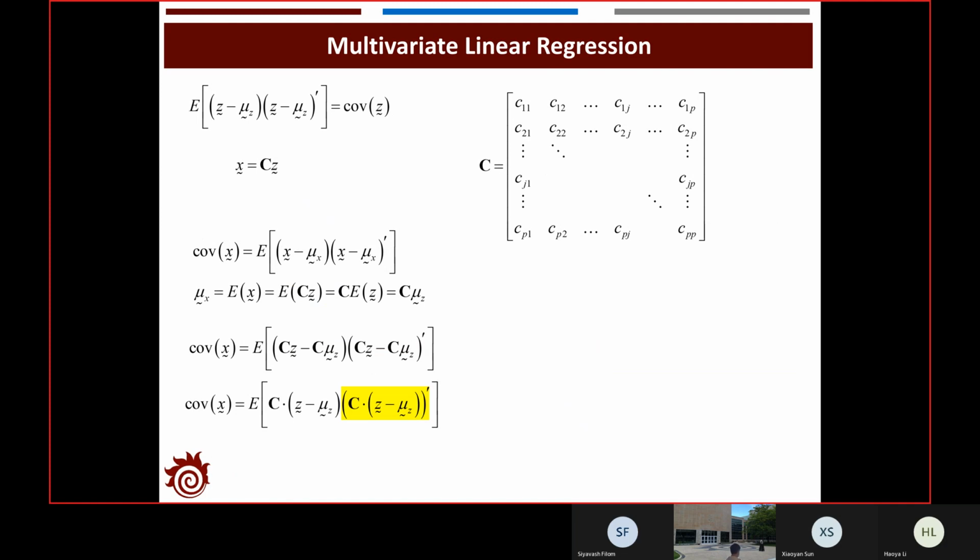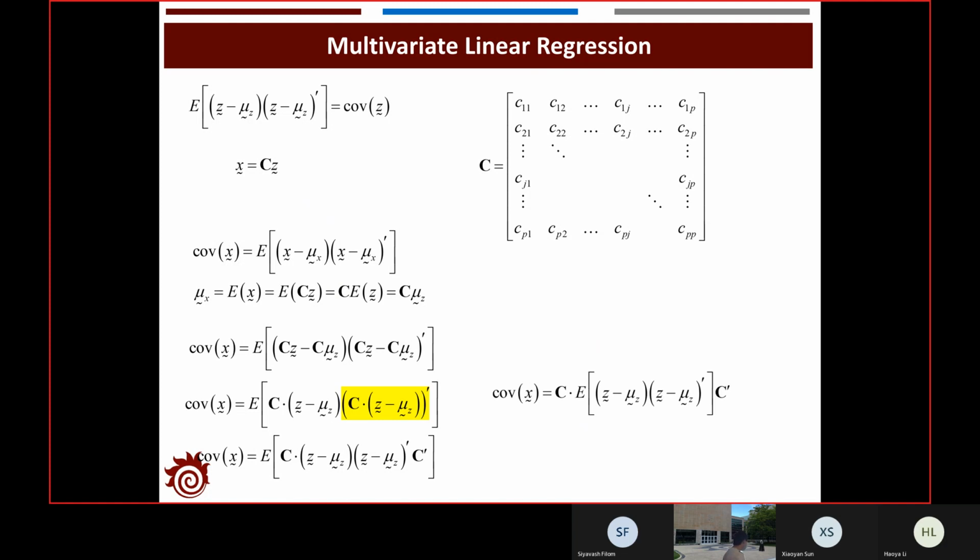So we have C times another matrix here, so we can change their order and apply the transpose to both matrices. With that, it will be C times the equation inside and times C transpose. We know that C is constant, so we can take the C out of the expectation calculation.